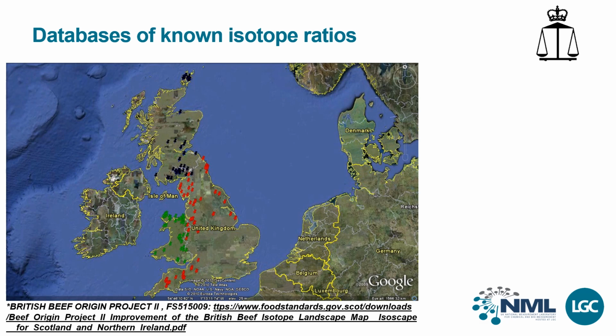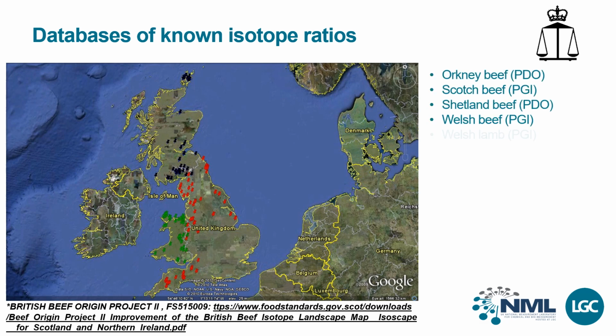Such databases are of particular value when one stable isotope is insufficient to verify a country of origin label, e.g. differentiating between Scottish, Welsh and English beef. The carbon isotope ratios of British beef fall into a tight band which are different to Brazilian beef.